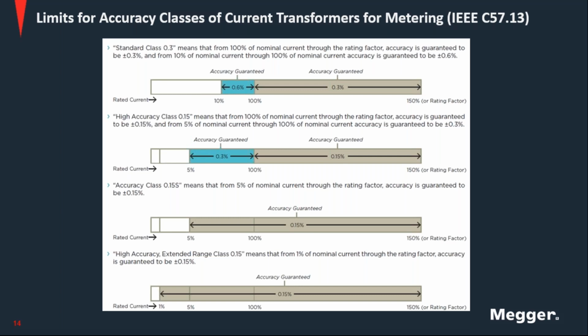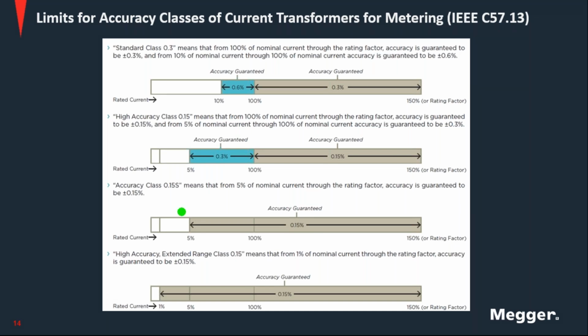Then you can see how the 0.15 extends the accuracy range down to 5%, but still it's half of the accuracy when you have 100% of the load. Now, the new accuracies that were defined by C57.13.6 are the high accuracy instrument transformers.